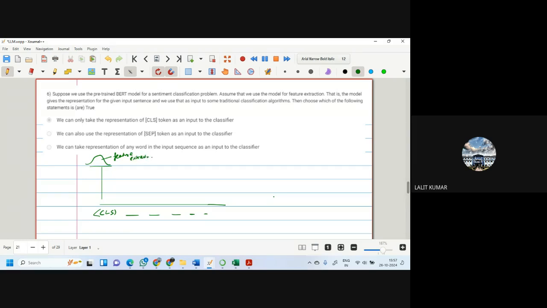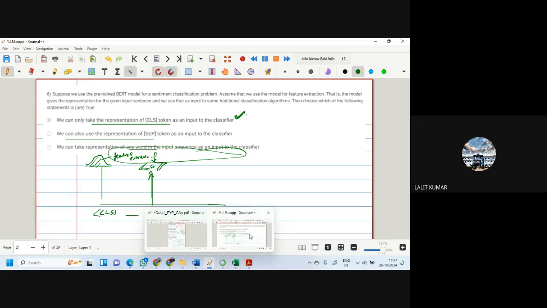They ask whether we can take only the representation of CLS, or also the representation of the separator, or of any word. The answer is that CLS is a special token which is optimized to gather all the information of all the words, whereas any other word is optimized for itself only. That's the reason. It is theoretical, basically from the paper.